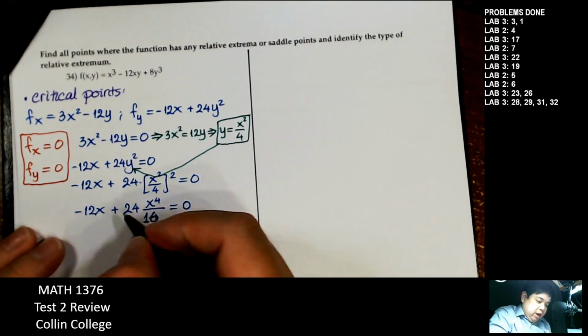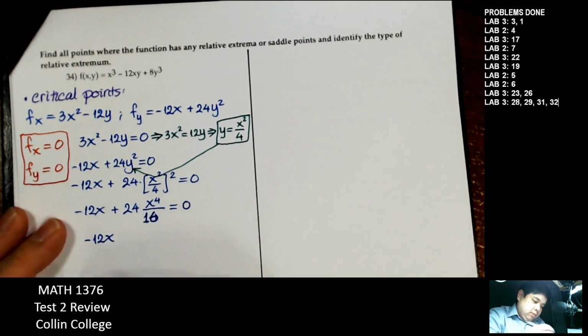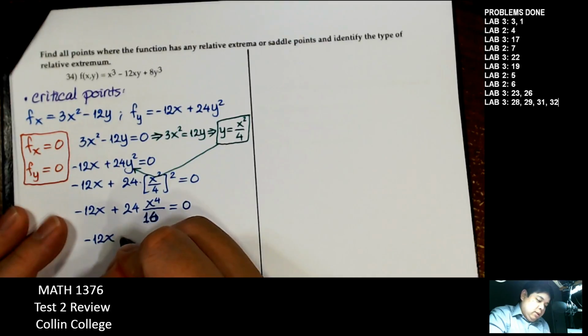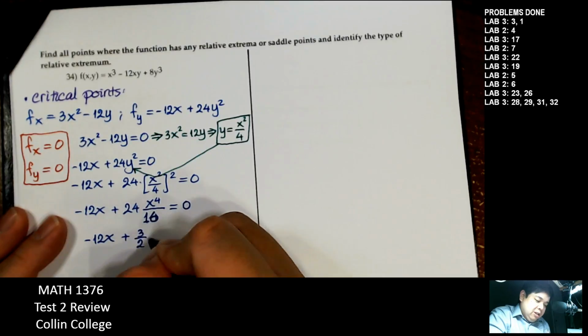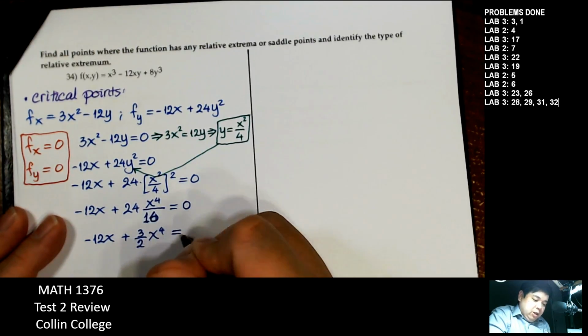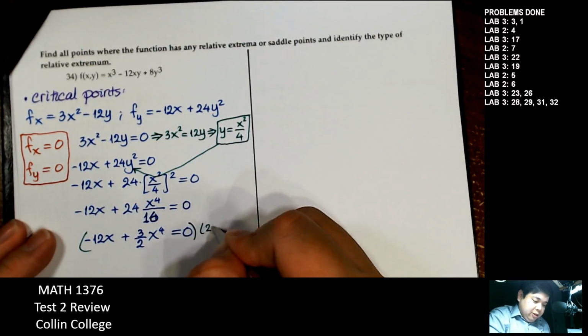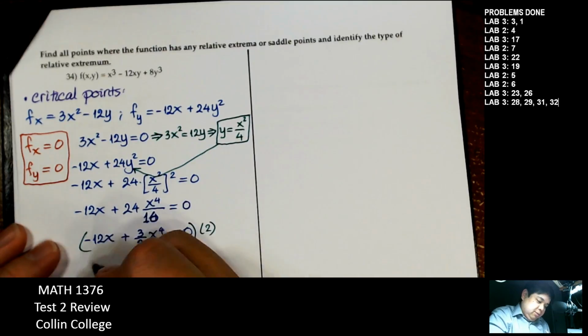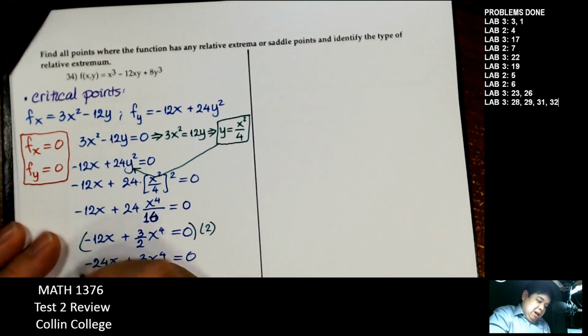Right, simplify that: we have negative 12x plus 24 over 16, that is 3 halves, x to the 4th equal to 0. Multiply everything by 2. Much better this time. Factor out negative 3x.